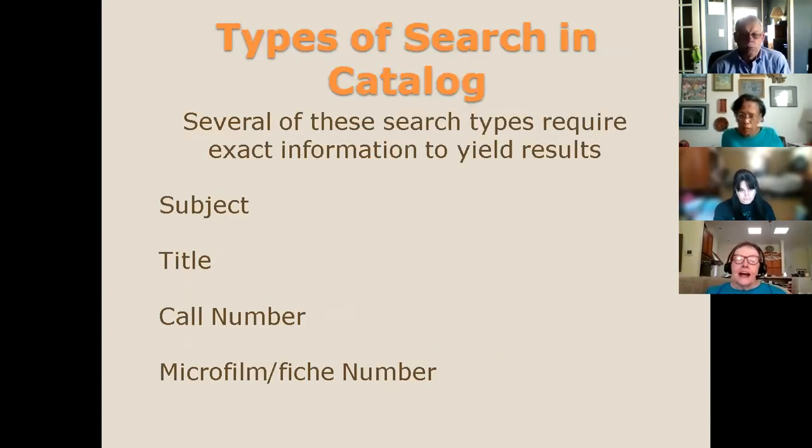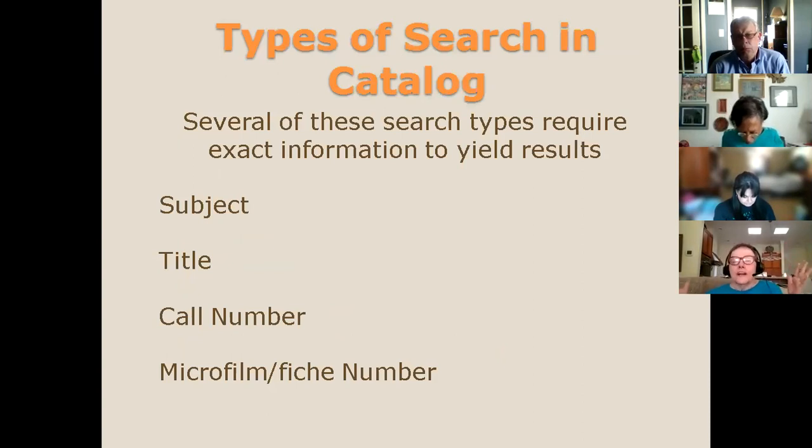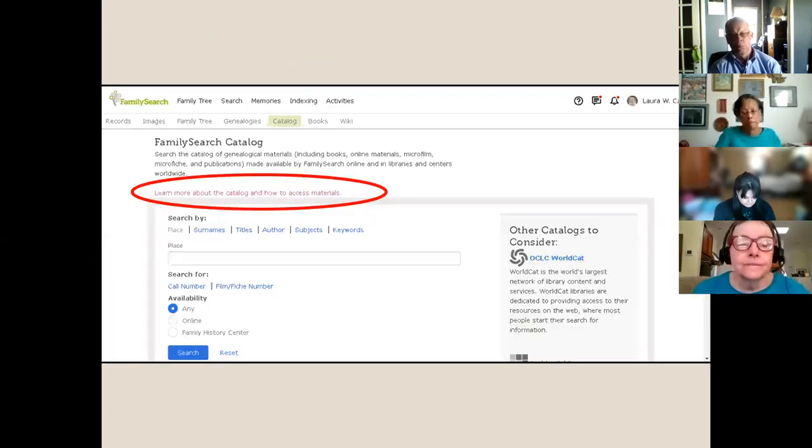You can combine multiples of these types of searches to focus your results and hone in. Be aware that of the types of search, the subject, the title, the call number, and the microfilm fiche are not as flexible. They require pretty much exact information to get the exact results you're looking for.